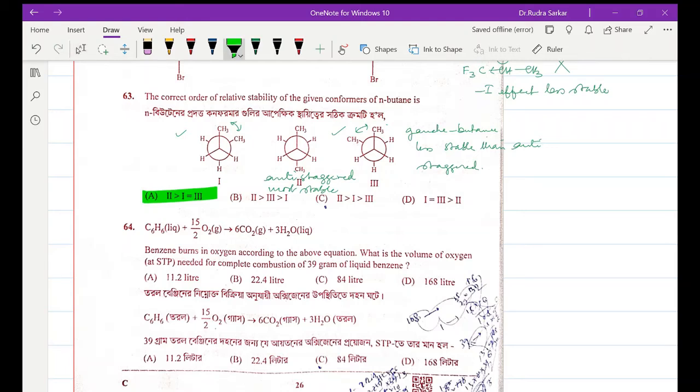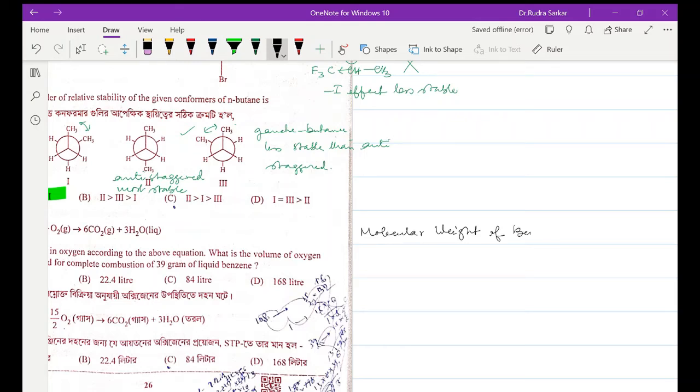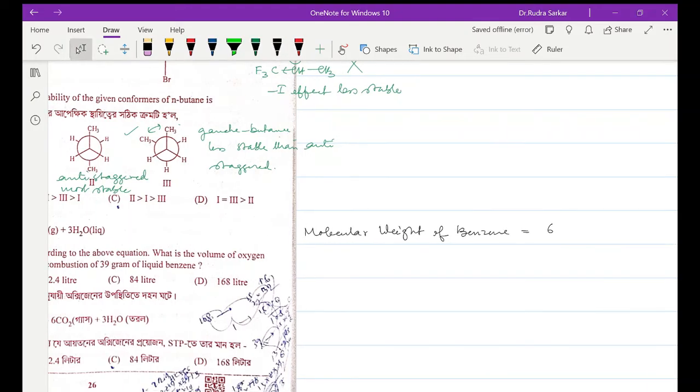So now we have to first find out the molecular weight or molar mass of benzene, which is 6 into 12 plus 6 into 1. Now that is going to be 72 plus 6, that is 78 gram per mole.